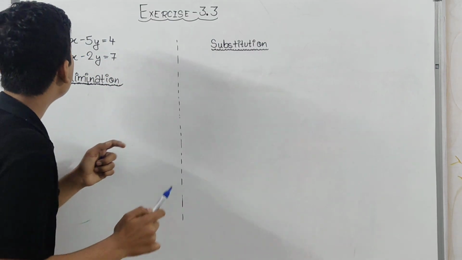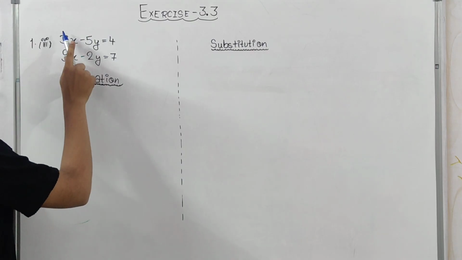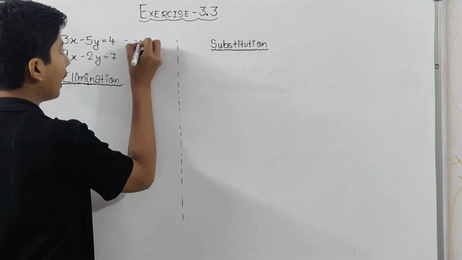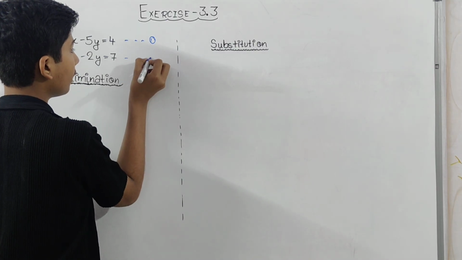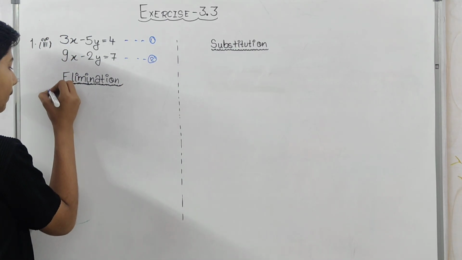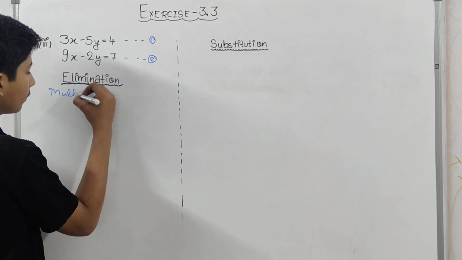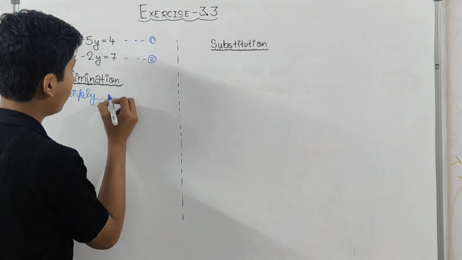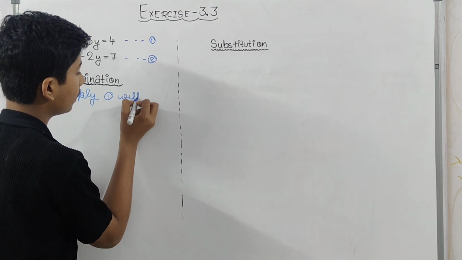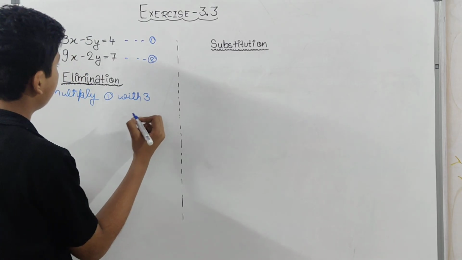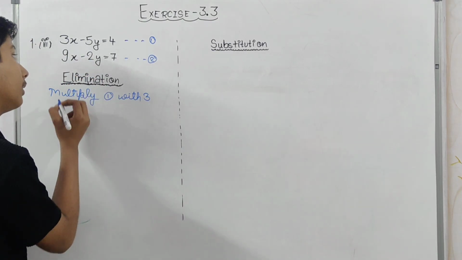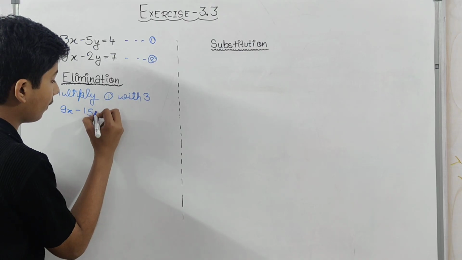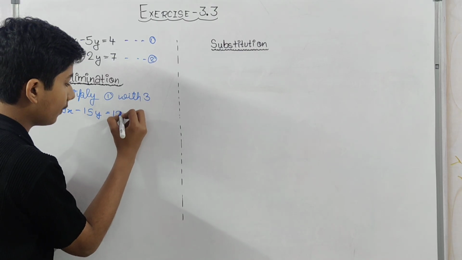So to make it easier, we can do this one, in which we have to multiply first equation with 3 and nothing else. So as usual, this is 1 and this is 2. So multiply 1 with 3. So 3 times 3 is 9. So 9x minus 15y equals to 12.